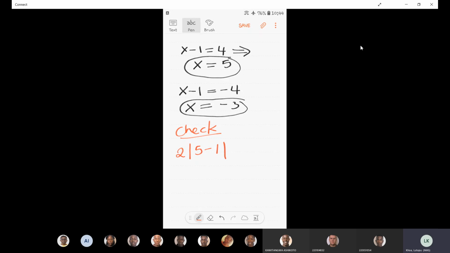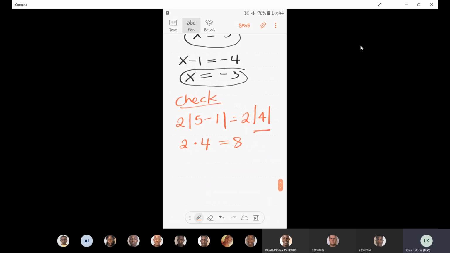So on the left-hand side, I had 2 multiplied by the absolute value of, I'll start with 5. Okay, so this is just 2 times the absolute value of 4. This is just 2 times 4 because the absolute value of 4 is equal to 4. 4 is 4 units away from 0. And this is equal to 8.